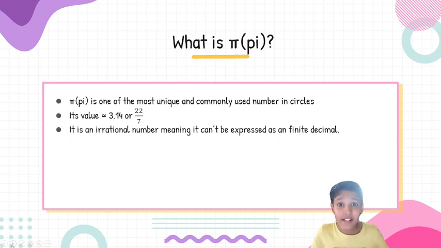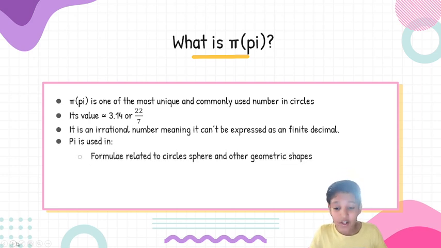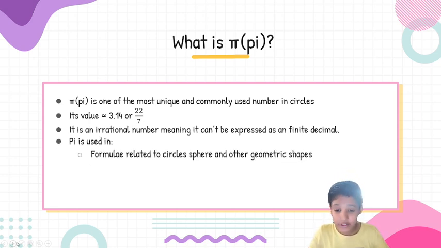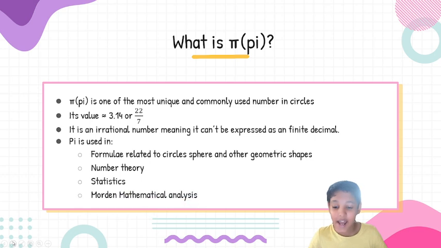So, pi can have infinite digits. And pi is used in various formulae related to circles, spheres, and other geometric shapes. It's used in number theory as well, and also in statistics and modern mathematical analysis. But we will not be covering that much because we're going to stick to circles now.